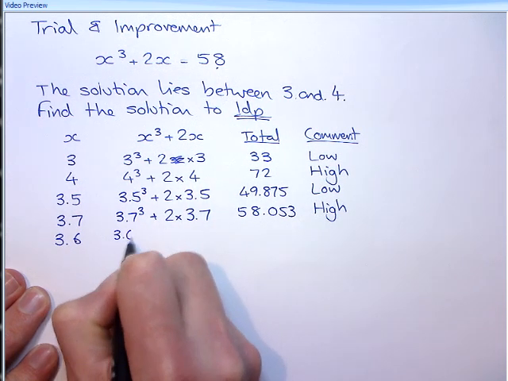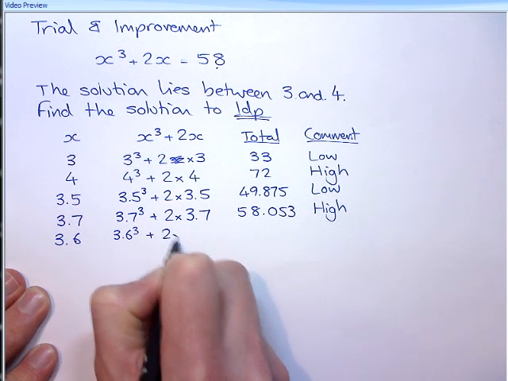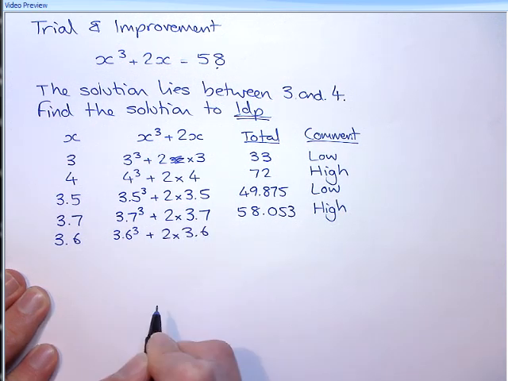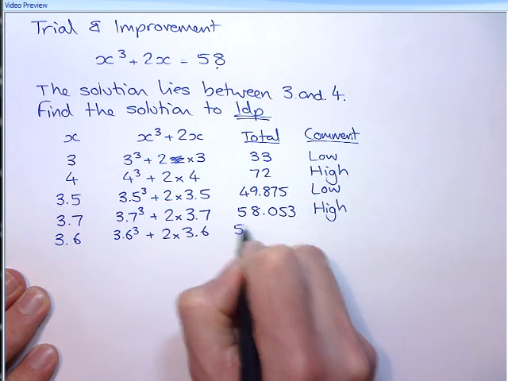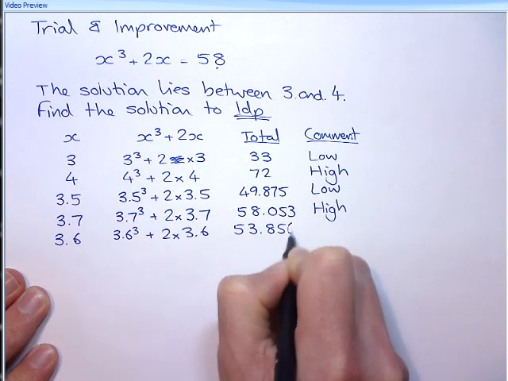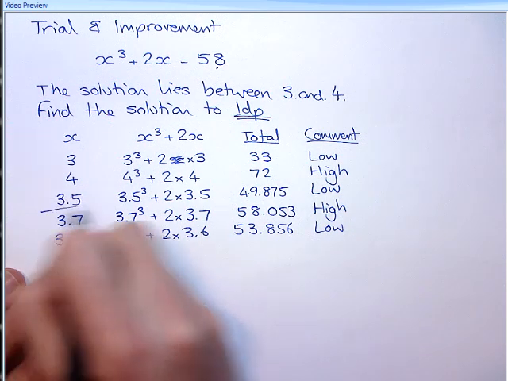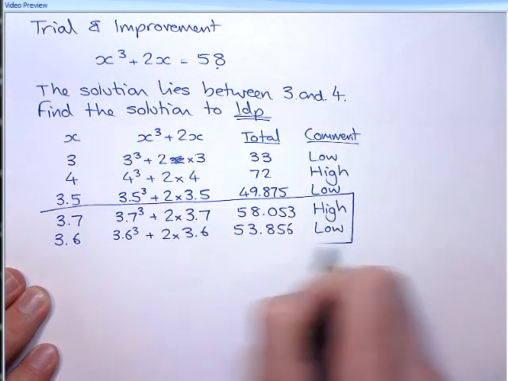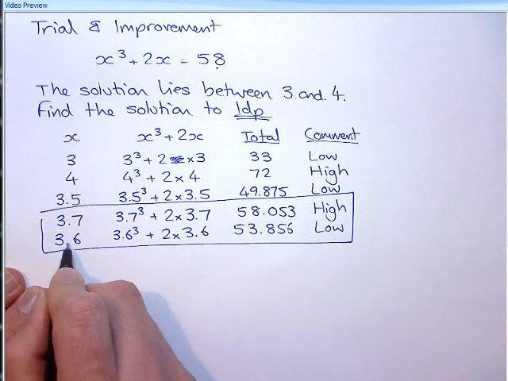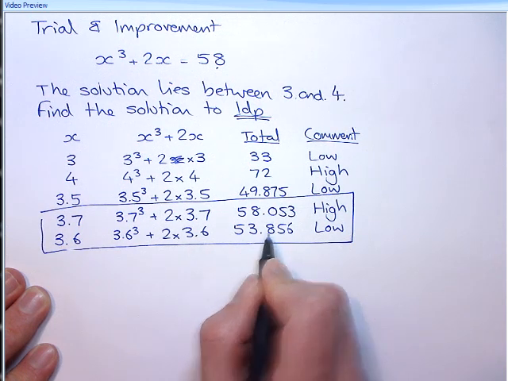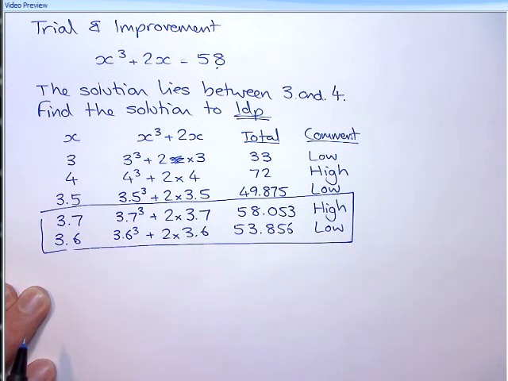So 3.6 cubed plus 2 times 3.6. If you type that in, you get 53.856, which is too low. But this is what we're looking for here: 1 decimal place above, 1 decimal place below. The difference here is 1 decimal place.